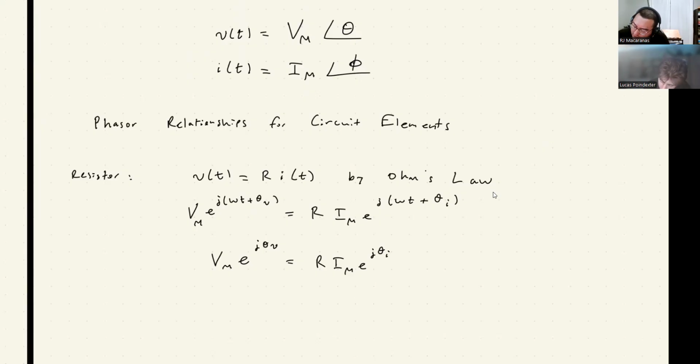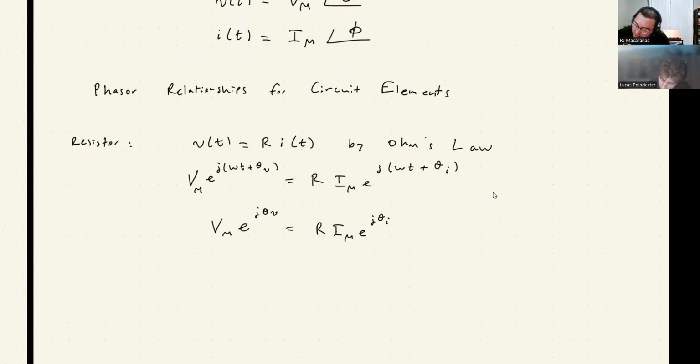And so right off the bat, we can see that the phase associated with the voltage must be the same as the phase associated with the current, because there are no additional phases going on here.